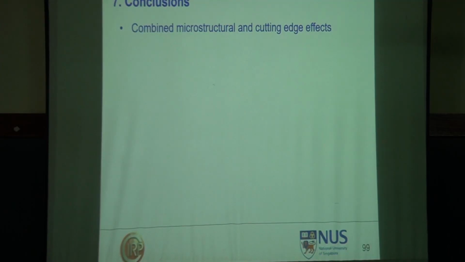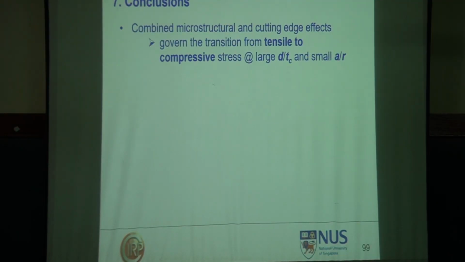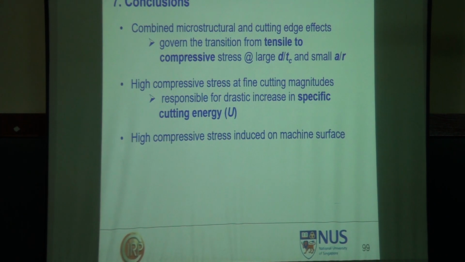So what we did is combine microstructural and cutting edge effect, which is governed by the transition from tensile to compressive stress. And high compressive stress at the fine cutting edge, cutting magnitude, is responsible for a drastic increase in specific cutting energy. Please remember that. High compressive stress induced on the machine surface is favorable for the varnishing process.